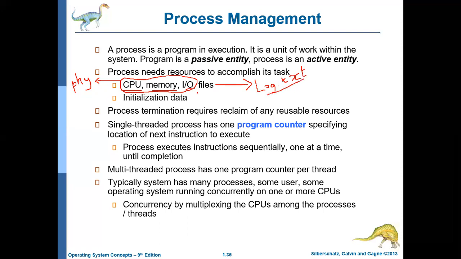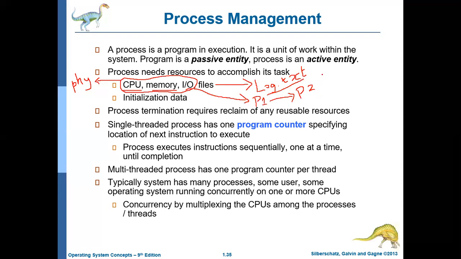Or sometimes a process may want to get input from another process, or interact with another process. The current process that is running may be P1, and P1 may want to interact with another process, P2. In that case, P2 is also called a logical resource.